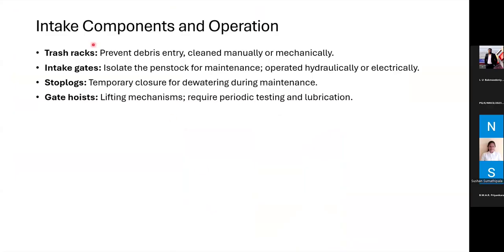So these are some example explanations. The trash racks prevent debris entry and are cleaned manually or mechanically. Quite trivial. Intake gates isolate the penstock for maintenance and are operated hydraulically or electrically. Based on whether they are hydraulic or electrical, their maintenance characteristics can differ. Maintaining a hydraulic system has its own challenges compared to an electrical system.